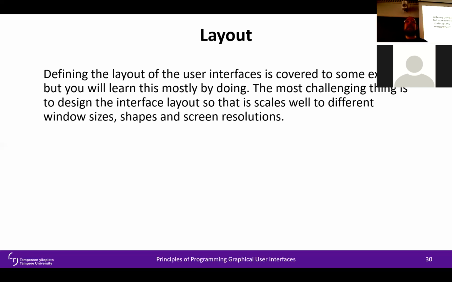When you have a computer desktop, you have a window, and the user scales that window to a different shape or size. How do you create an interface which actually stays reasonably good looking and usable without some components expanding too big or disappearing or something like that?